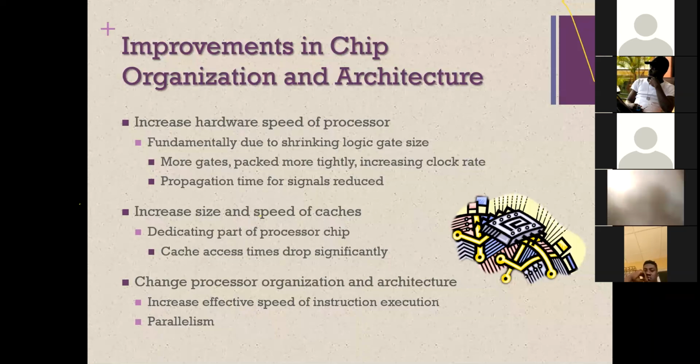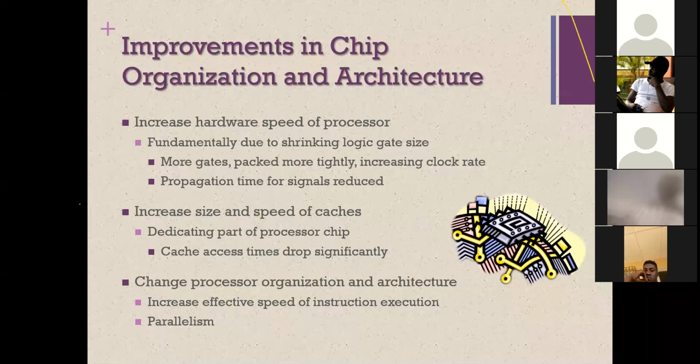There are three approaches to achieving this increased speed. First, increase the hardware speed of the processor. This increase is fundamentally due to the shrinking in size of the logic gates on the processor chip, so that more gates can be packed together more tightly, and also to increase the clock rate.